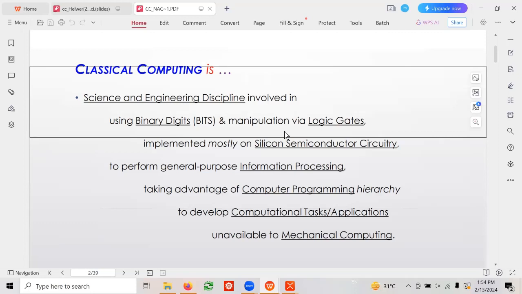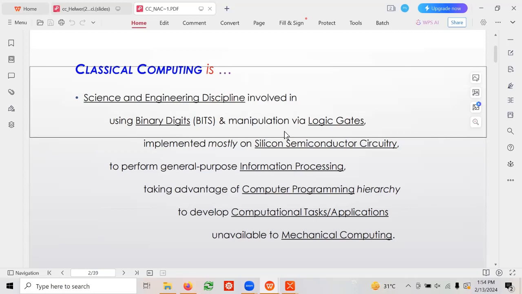And now you can think of ChatGPT as another layer of computer programming, where you program by English sentence request, and then ChatGPT turns this into Python or code or whatever, and then executes it for you. And it develops computational tasks or applications that mechanical computing cannot do.